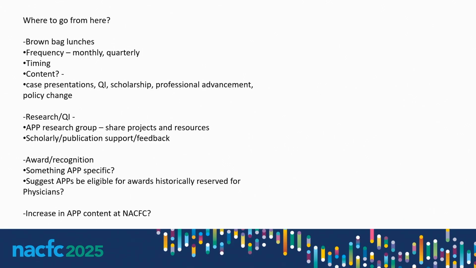As we're thinking about this Leap Forward, where do we go from here? What would be accessible? What could we commit to and actually accomplish? Maybe brown bag lunches where we meet on Zoom. What frequency? What timing? What would be the content? Should we do case presentations? Should we talk QI? Should we talk scholarship resources, grant resources, policy change?